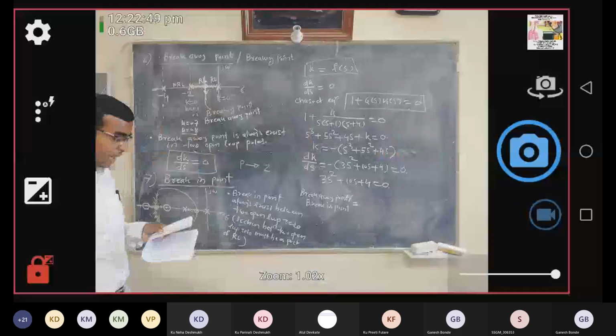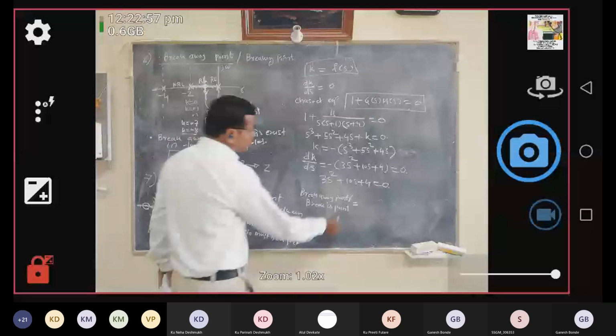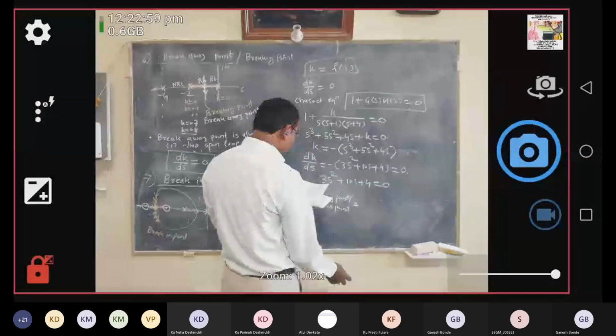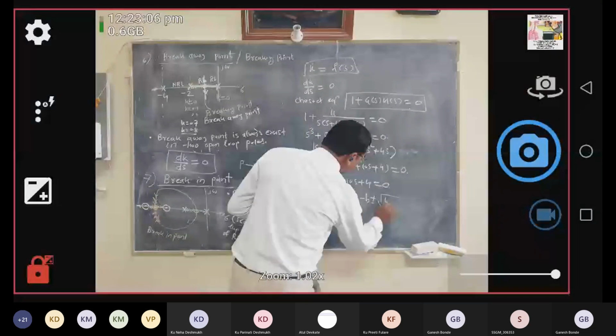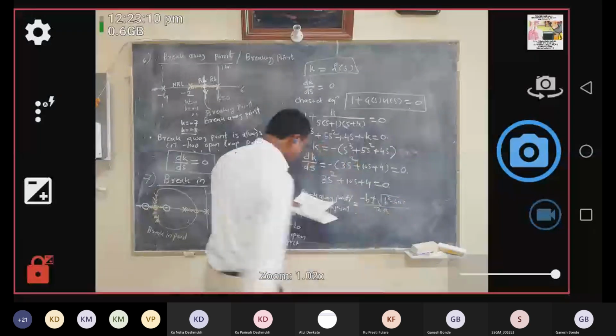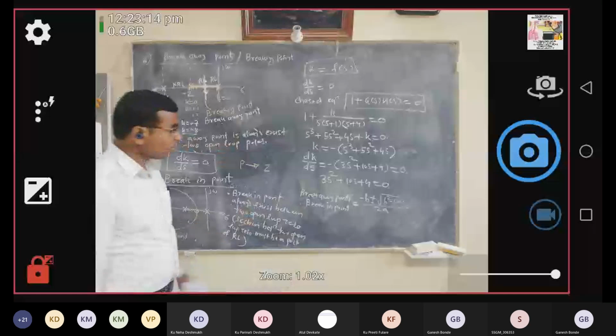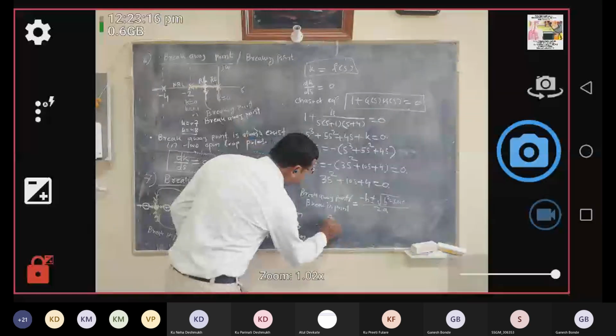Here you just apply the formula, minus b plus minus square root of b square minus 4ac upon twice a. So you can apply that formula here, and you just substitute the values.